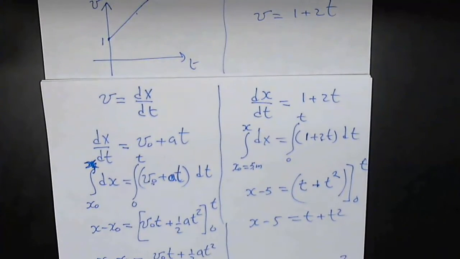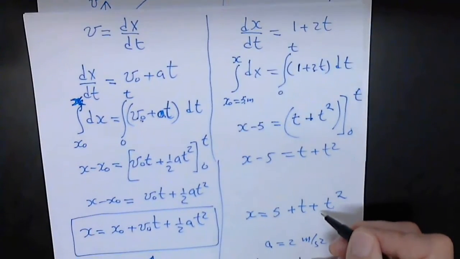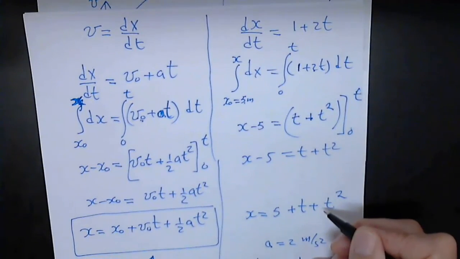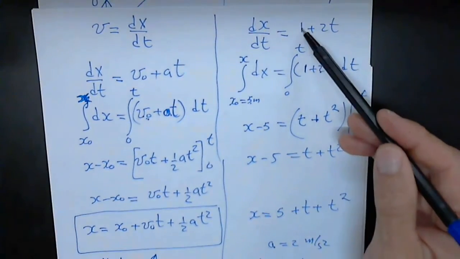Which makes sense, because if I make the acceleration 2 meters per second squared, then 1/2 a is just 1. See? This one over here. And the initial velocity, I made it to be 1.